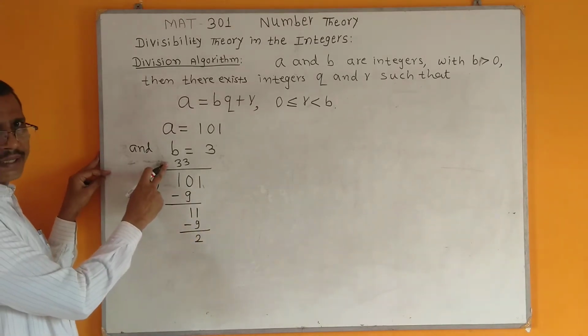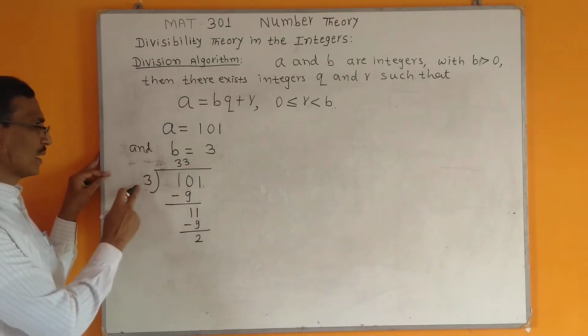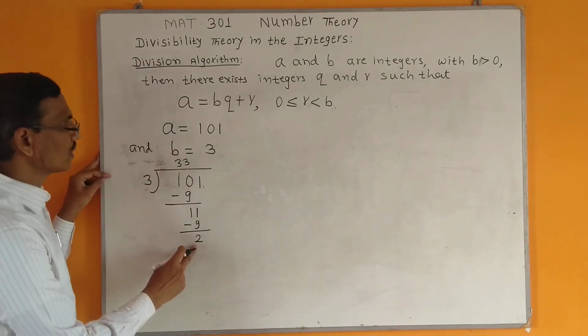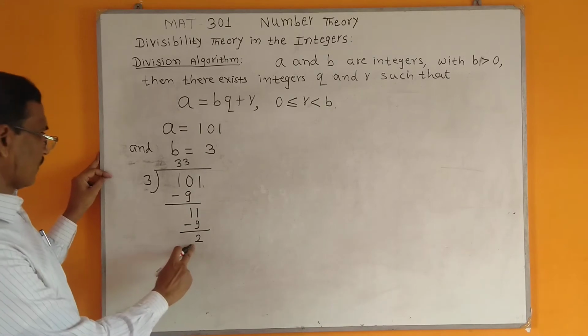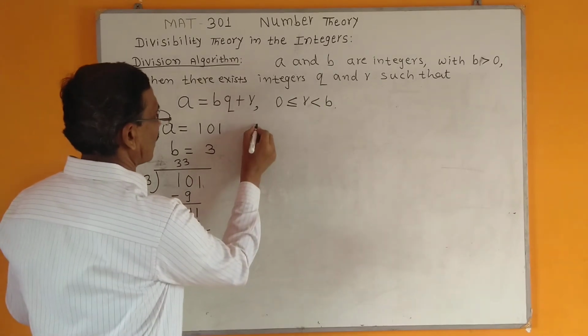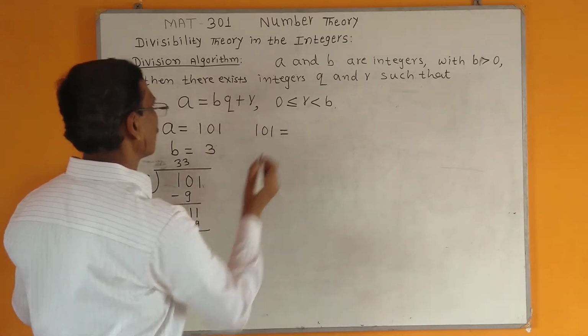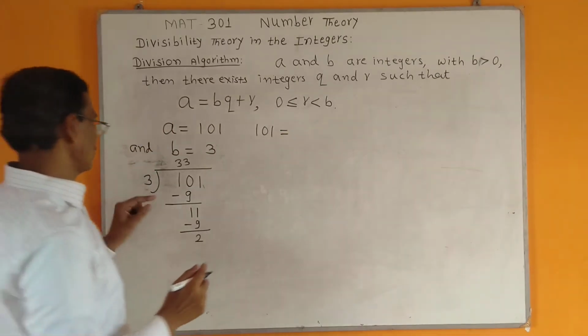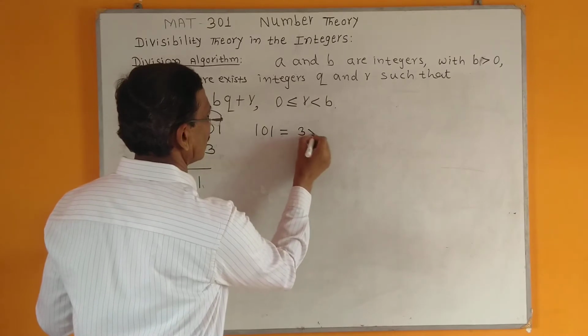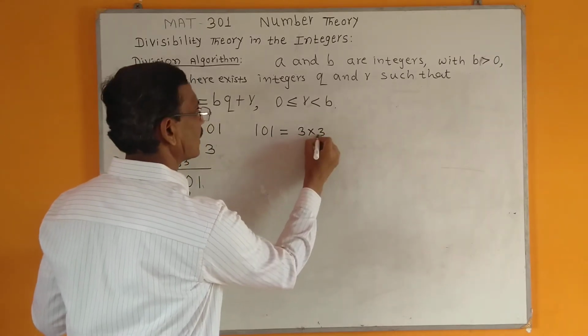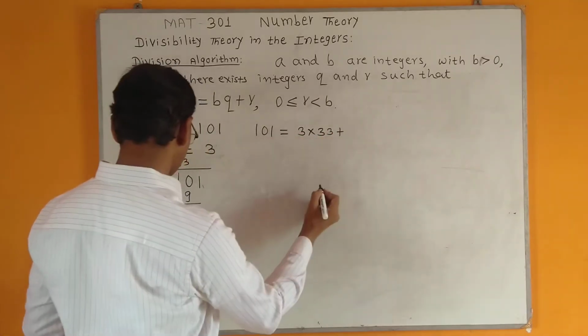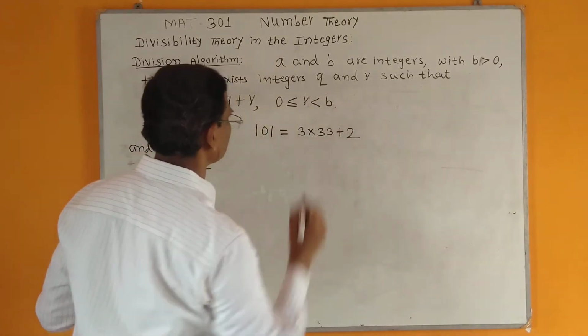33 is a quotient. When we divide 101 by 3, 33 is a quotient. 2 is a remainder. That means it can be done as 101 is equals to divisor 3 into quotient 33 plus remainder r, that is 2.